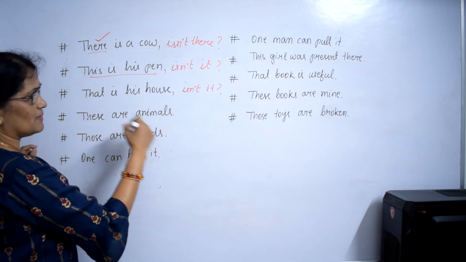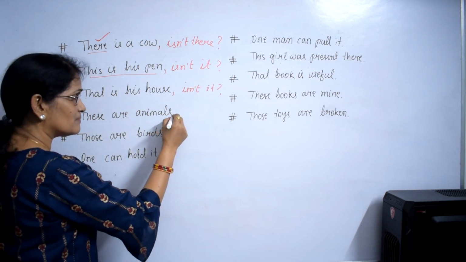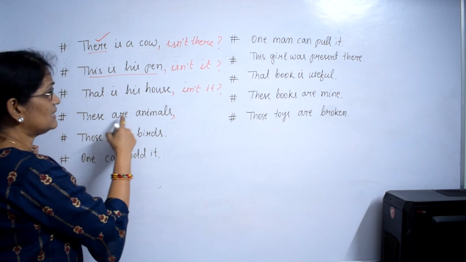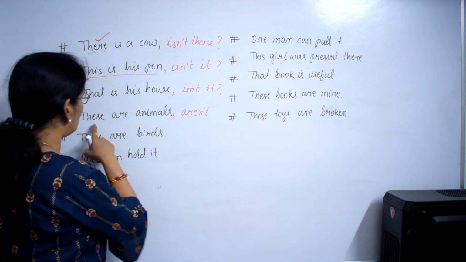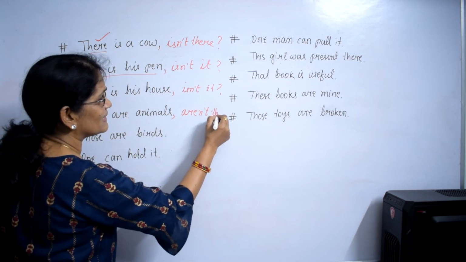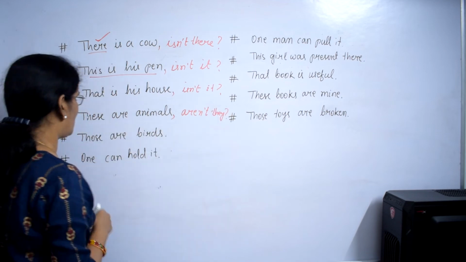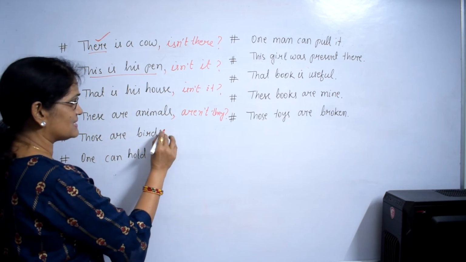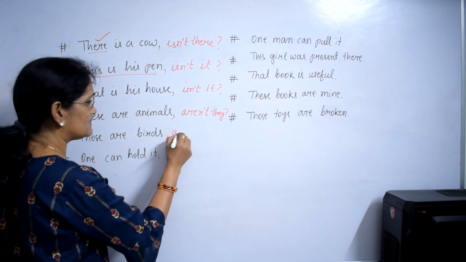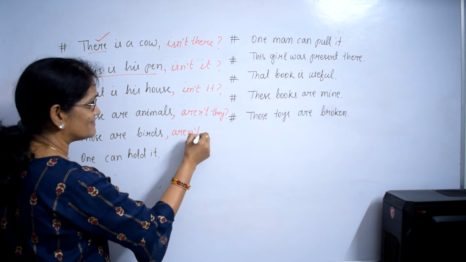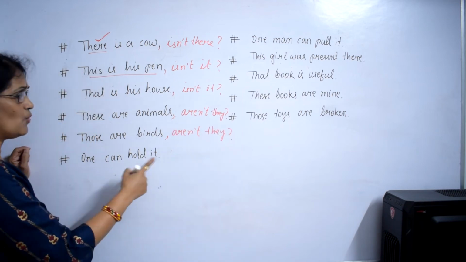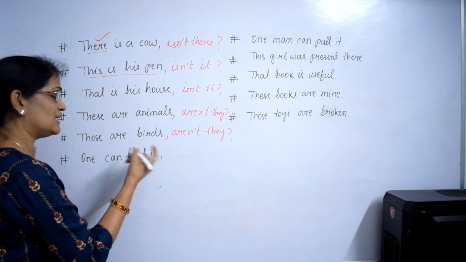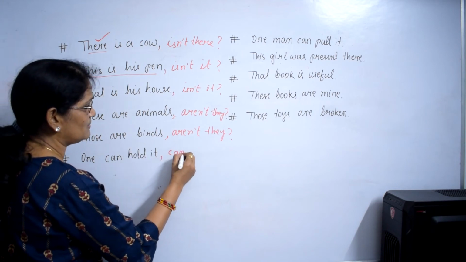These are animals. Add comma. For these, write they, and they, question mark. Those are birds. The same thing, and they. One can hold it. While one is the subject, then one will be written. Can't one?